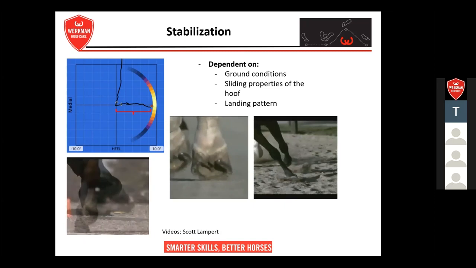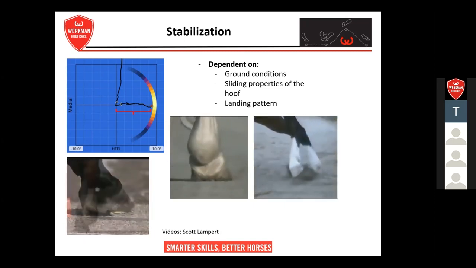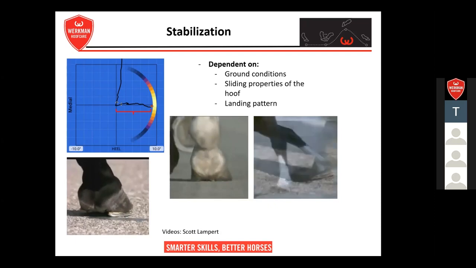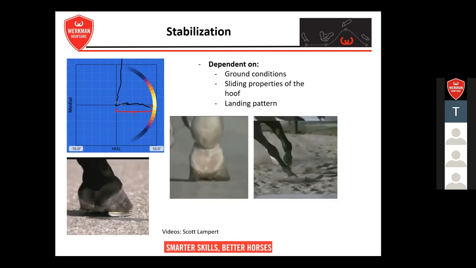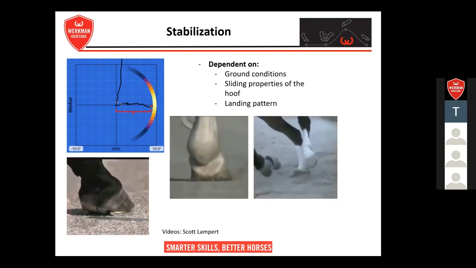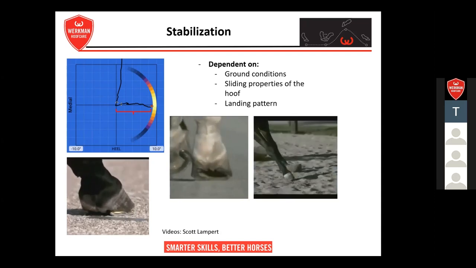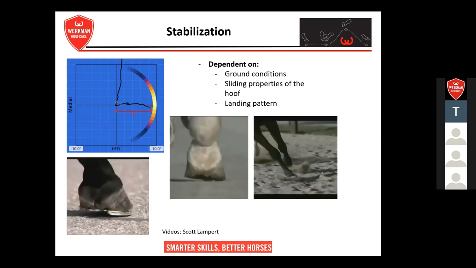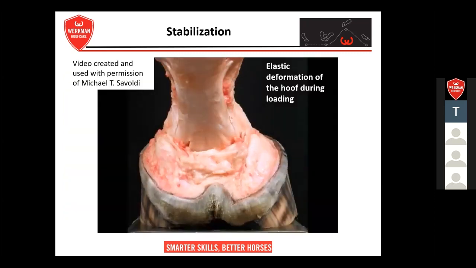This all influences the duration of stabilization. And of course, the landing pattern is also part of this aspect. If you have a flat landing, of course, stabilization of the hoof is faster than in horses showing a heel landing or maybe a lateral or medial wall landing. But we will see examples.